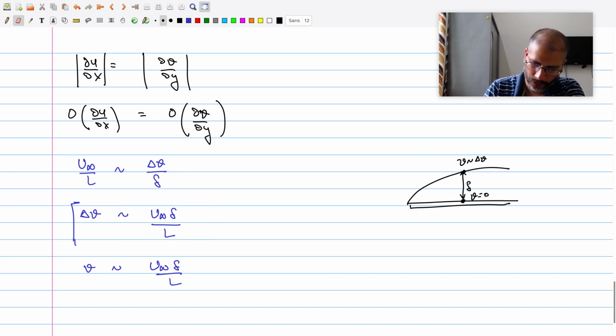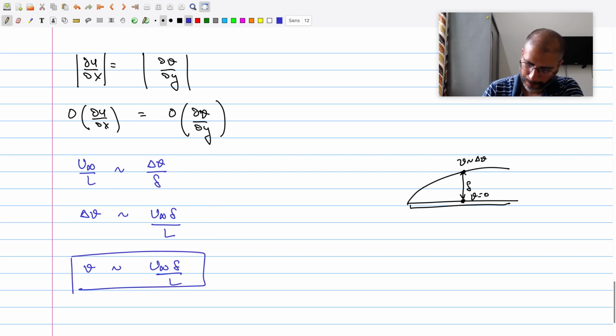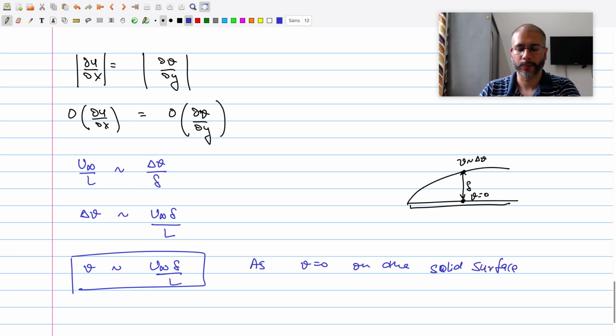We will want to use this. If something goes from 0 to 10, then the order of the quantity in most of that region is going to be of the order of 10. So v is of the order of u infinity delta by L.